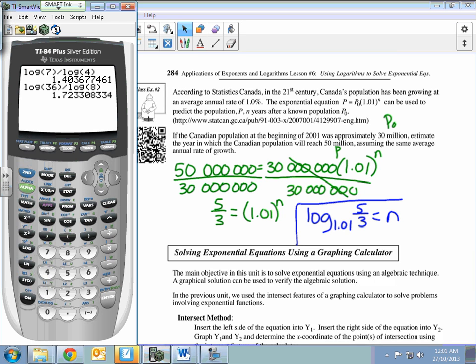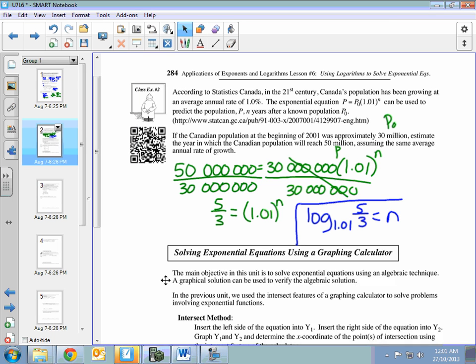On the calculator: log of 5 divided by 3, close the brackets, divided by log of 1.01. Enter. We get 51.337 or 338, so n equals 51.338.